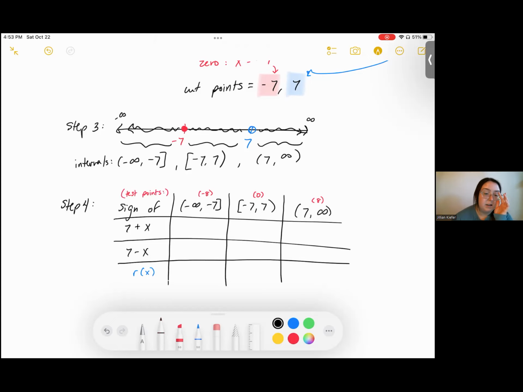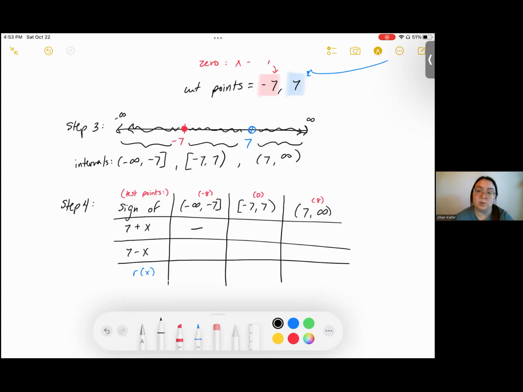All right. Then you're going to use the test points to plug into each factor and see if it's positive or negative. So we're going to take -8 for the first one. 7 plus -8 is going to be -1. So that factor is negative on the first interval. Then using -8 to plug into 7 minus x, that would be 7 minus -8.